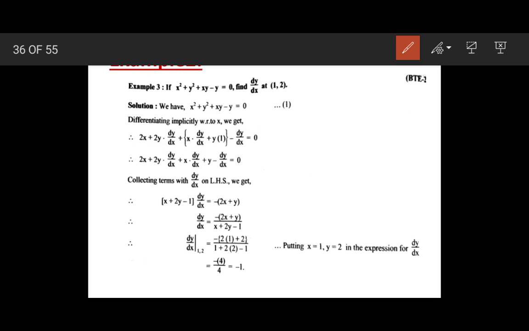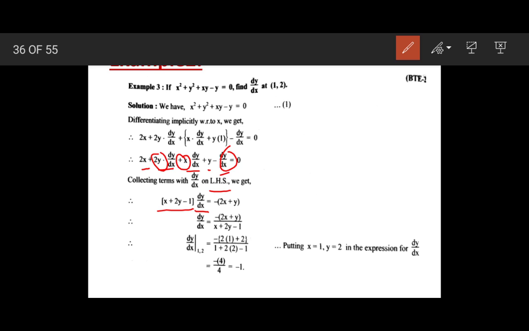Okay. Then that is equal to 2x plus 2y dy upon dx plus x dy upon dx plus y minus dy upon dx. Now collecting terms with dy upon dx on the left hand side, we take dy upon dx common, so we get 2y plus x minus 1, right?